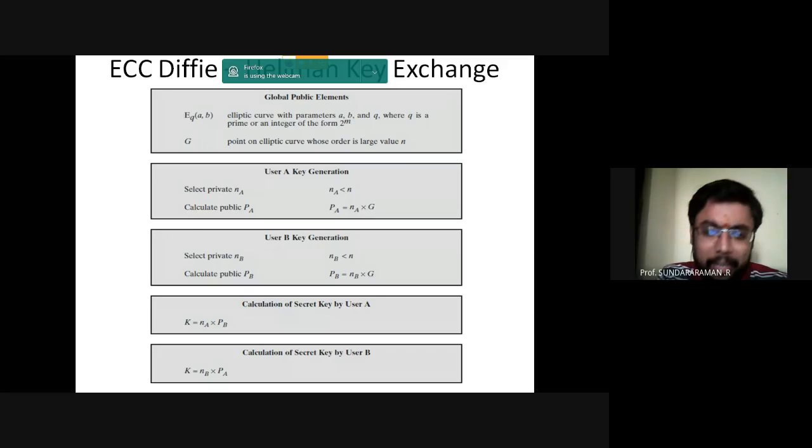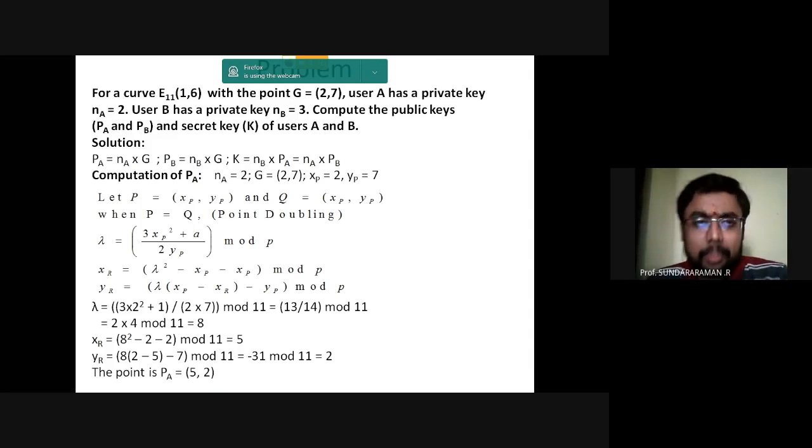Now I will explain this particular algorithm with a small example. This is the problem I have chosen to explain this concept numerically. For a curve E11(1,6) with a point G equal to (2,7), user A has a private key Na equal to 2, with user B having a private key Nb equal to 3.